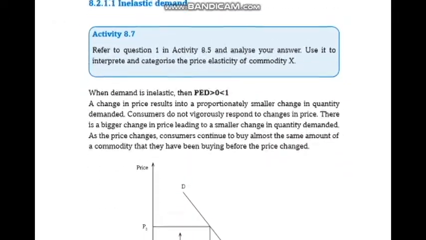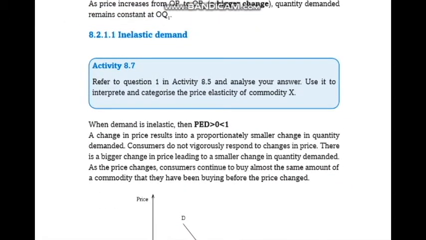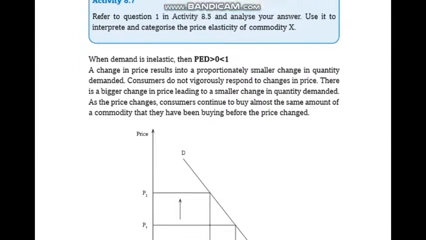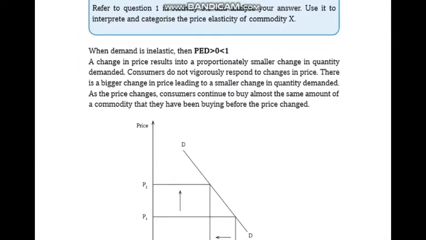So for inelastic demand, refer to question 1 in activity 8.5, the example that we have seen, and analyze your answer. Use it to interpret and categorize the price elasticity of commodity X. When demand is inelastic, the price elasticity of demand is greater than 0 and less than 1.